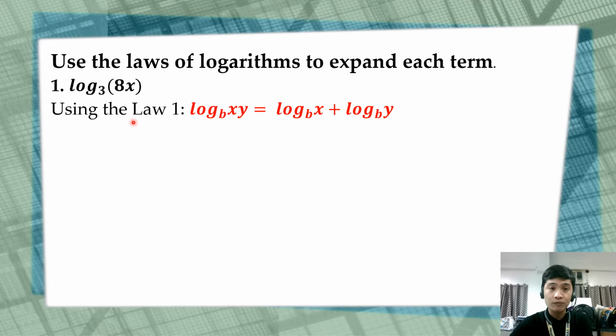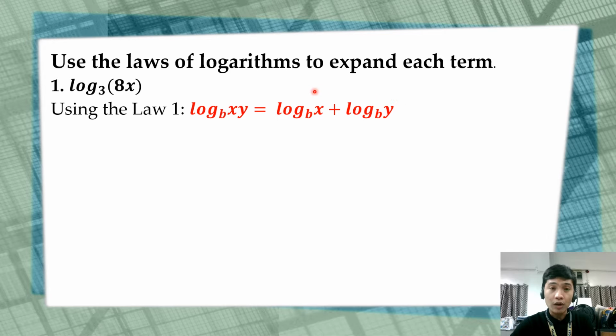Using law 1, the first law of logarithm, which is the logarithm of a product, it states that for logarithm of xy base b, where x and y are any positive numbers, the expanded form is logarithm of x base b plus logarithm of y base b.